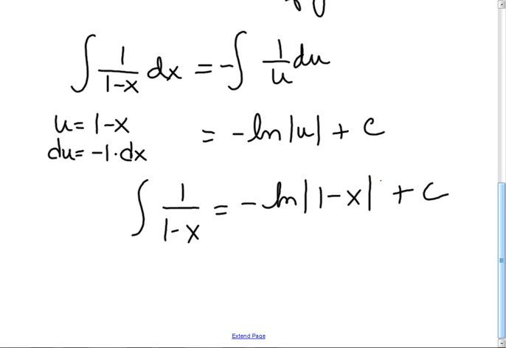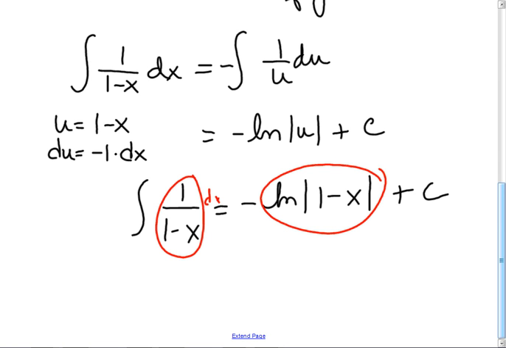Can I find the power series for the log of 1 minus x? It's the antiderivative of this power series. Well, that's what we're going to be doing in this section. That's why you need to do it with me. If you integrate 1 over 1 minus x, you get negative log of absolute value of 1 minus x.